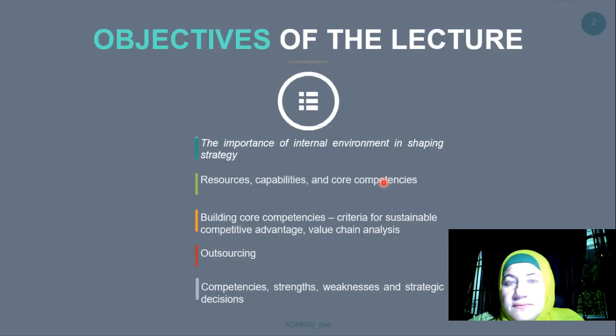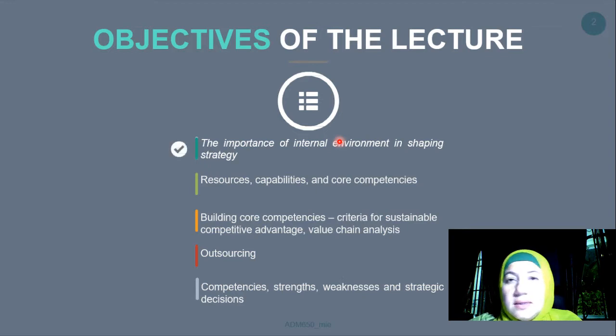There are 5 learning objectives from this topic. Number 1 is that at the end of the session, you will be able to learn that the internal environment is also important to know in shaping strategy.